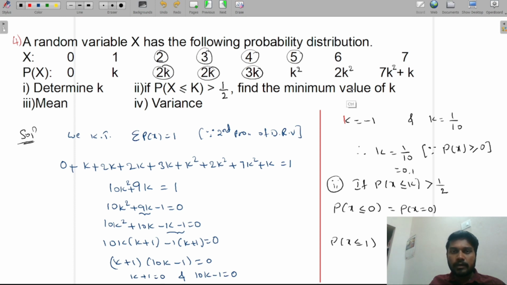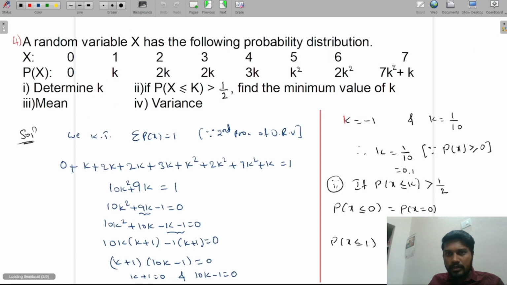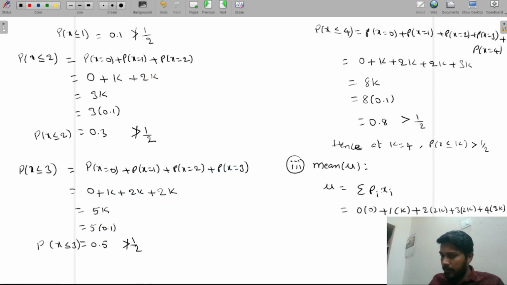So I will write all these values: 2 into 2k plus 3 into 2k plus 4 into 3k plus 5 into k square plus 6 into 2k square plus 7 into 7k square plus k. So by adding all these, what will I get?